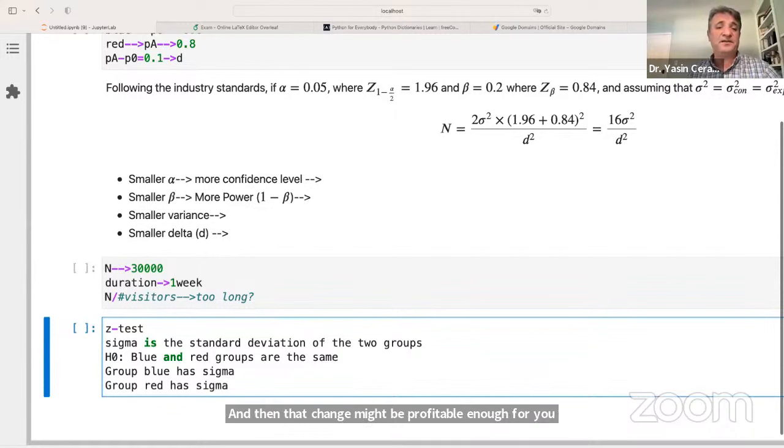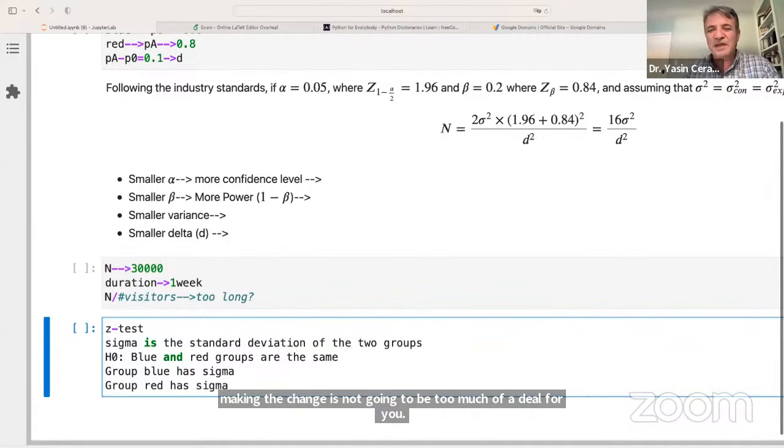But if you have a small number of people coming to your site, then the change is going to affect a very small fraction of your users. Then making the change is not going to be too much of a deal for you, so you are not going to even bother making the change.